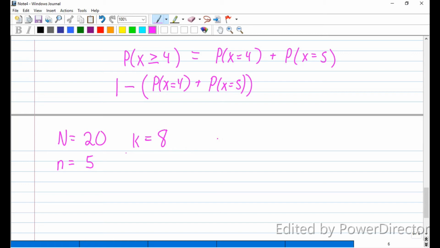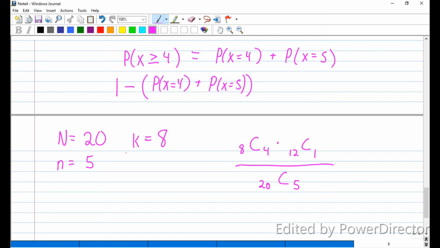It's KCX, so 8C4, times capital N minus K, that's going to be 12C4. Then little n minus x, 5 minus 4, it's going to be what? 1, over capital N, C, little n.